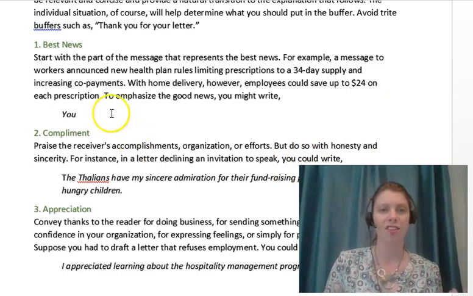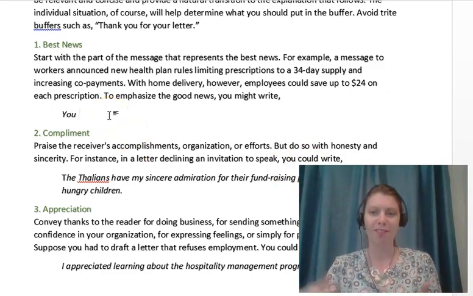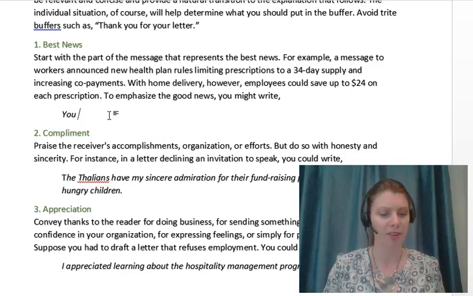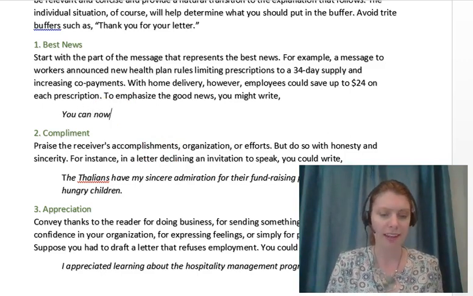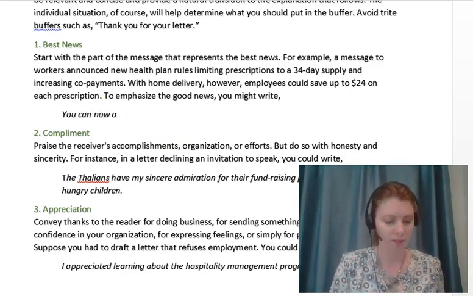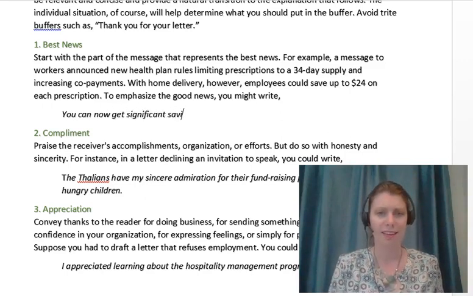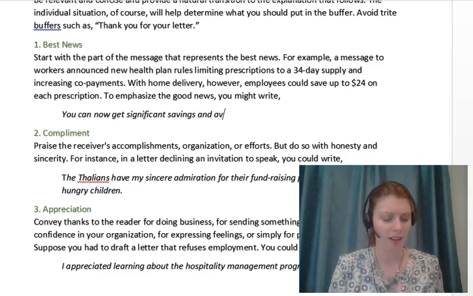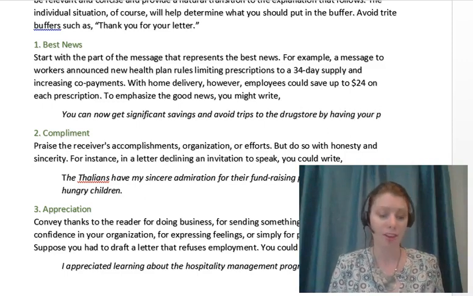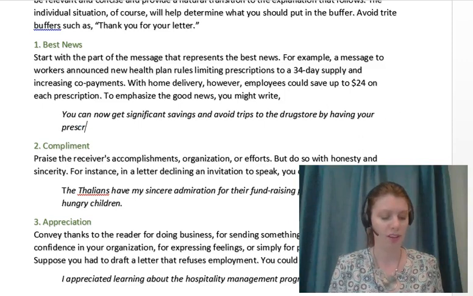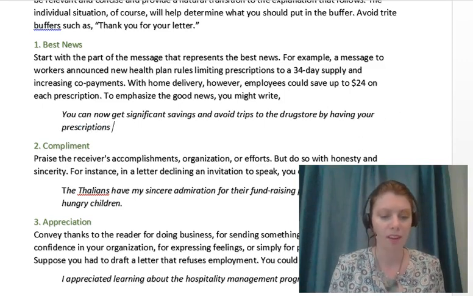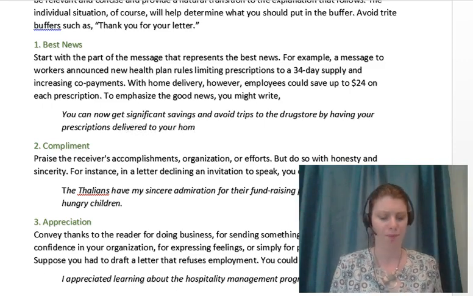So to emphasize this good news but still get ready to deliver the bad news, you might start with something like, you can now get significant savings and avoid trips to the drugstore by having your prescriptions delivered to your home.